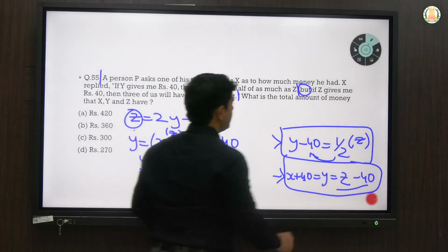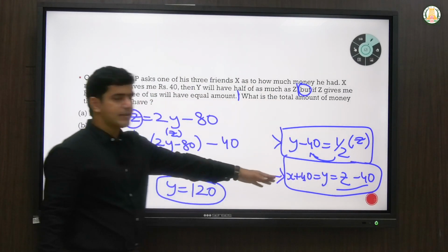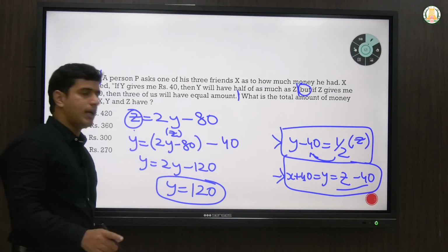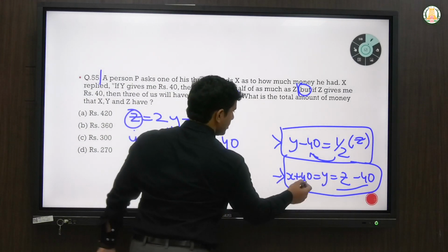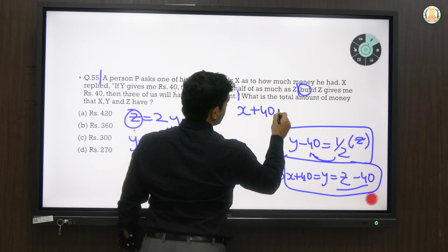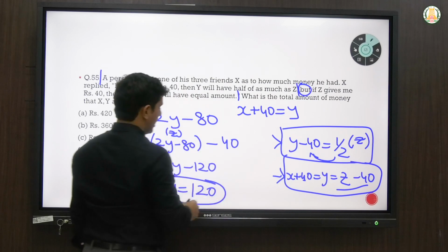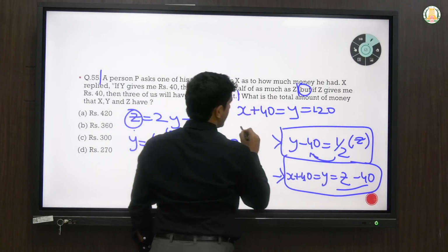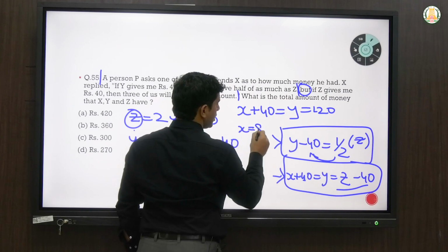Now how much will X be? Can someone tell how much X will be? How much? 80, because from this equation we know X plus 40 is equal to Y, and we have found out Y as 120. So X will be 80.